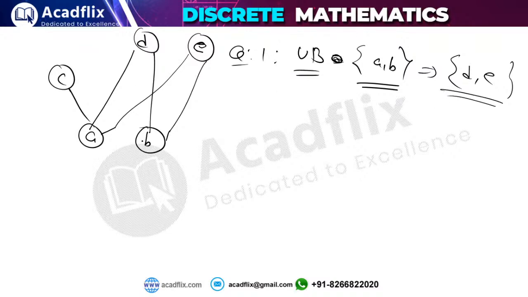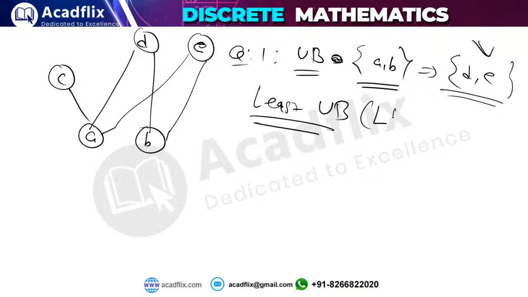So A comma B have this godfather D, and A comma B have this godfather E. So the upper bound is D comma E. Now if I ask you what is the least upper bound, this is known as LUB, least upper bound.